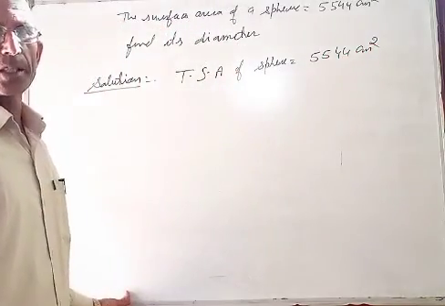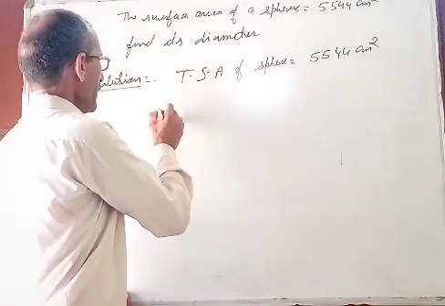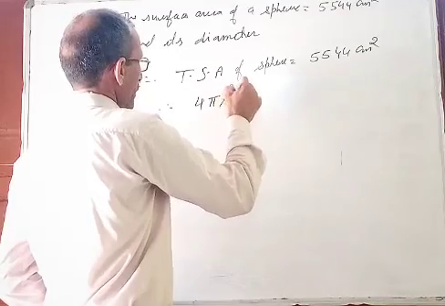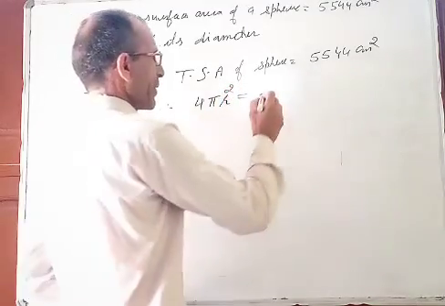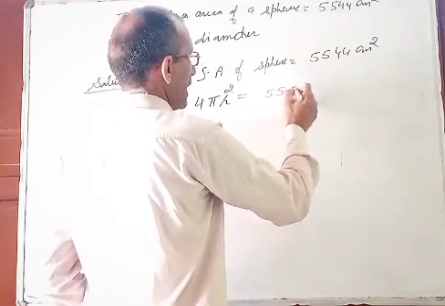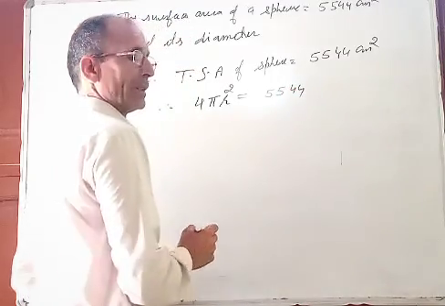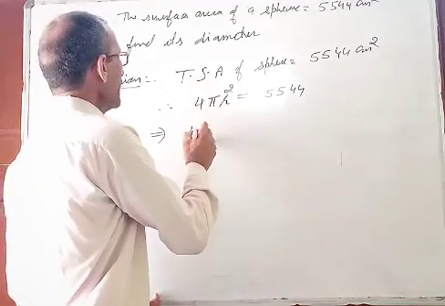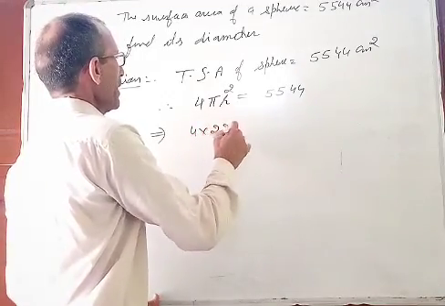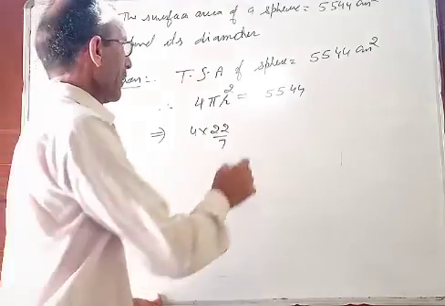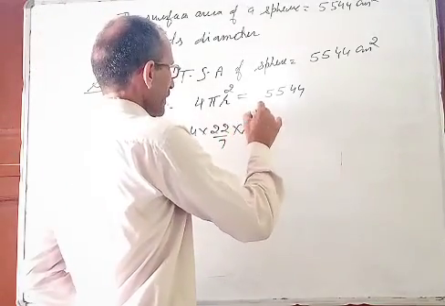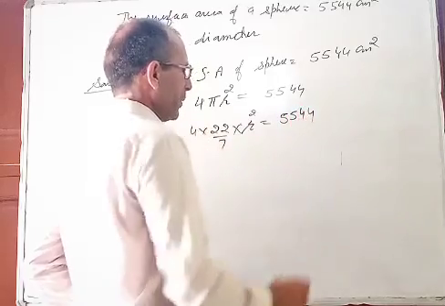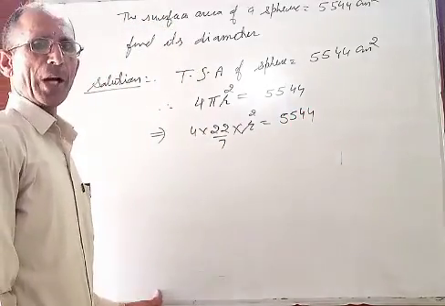Therefore, 4 pi r square is equal to 5544. The value of pi is not given, so you can take 22 by 7. So 4 times 22 by 7 multiplied by r square is equal to 5544. We have to find the diameter.